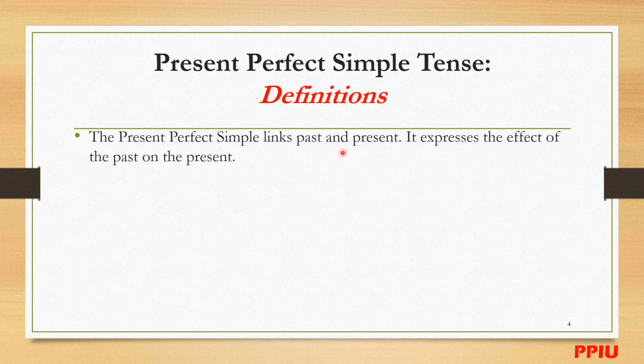The activity might have happened in the past and continue to the present time. It expresses the effect of the past on the present. Or, the other way to say it, the present perfect simple tense is the past of the present simple.